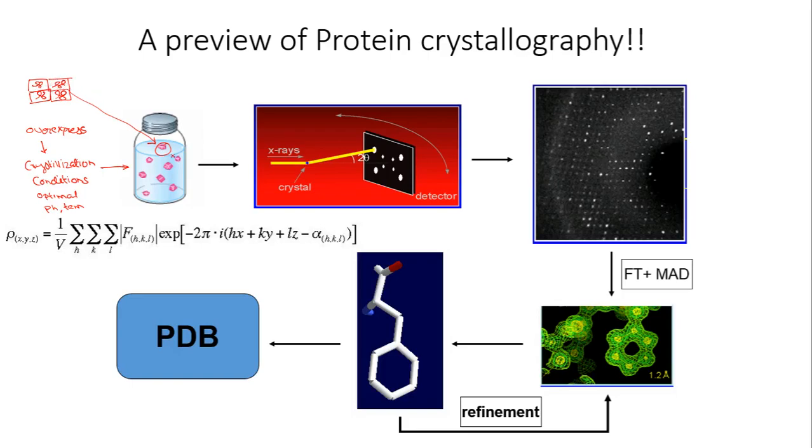So your crystal would contain periodically, or you can say symmetrically, arranged protein molecules. Each unit of your crystal can be considered as an asymmetric unit, so your crystal would contain a lot of asymmetric units.